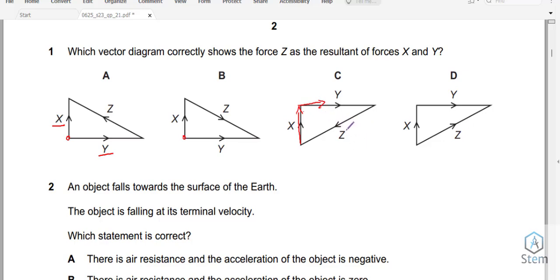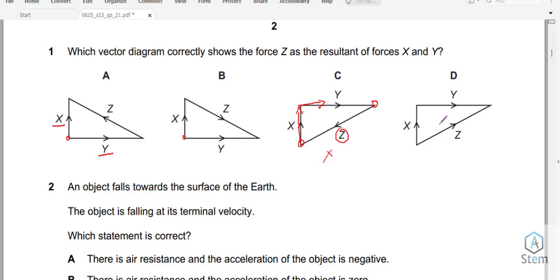However, the resultant vector z should point from the tail to the head of our vectors. So here we can see it's pointing from the head of this to the tail of this, and we cannot take that. Let's look at D.